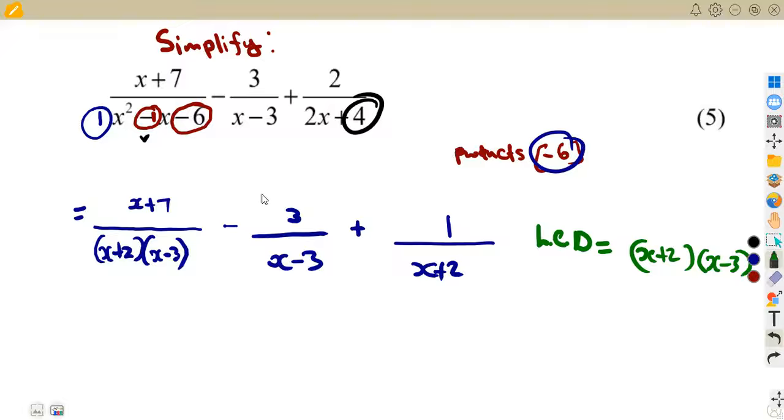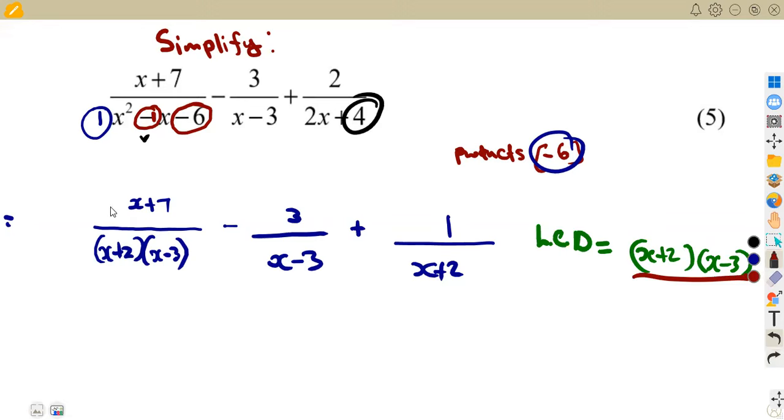Okay. So remember from the previous part, I said that after finding this LCD, you can use everything over the LCD, or you can multiply in such a way that each and every fraction must have all the terms that are on the LCD, so that you can just combine the numerators.